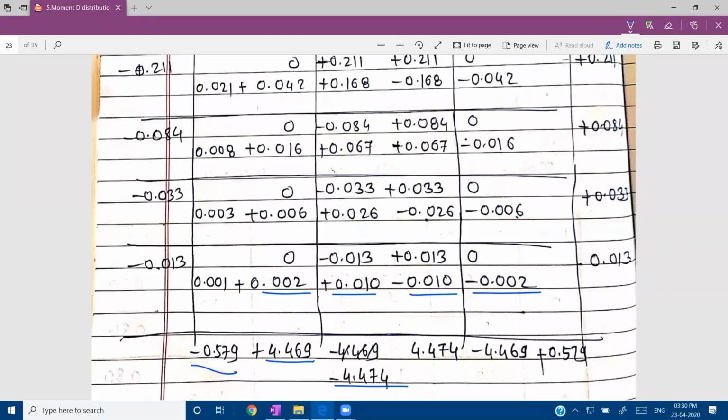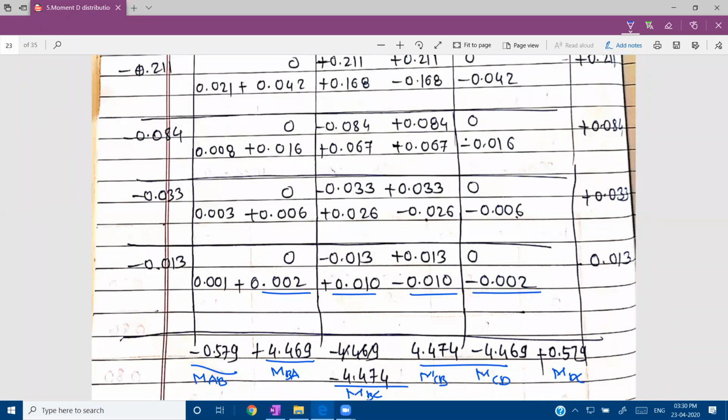For that you get the summation moment as 0.579 in negative. Similarly here also you get two values. So this will be MAB, this is MBA, this is MBC, this is MCB, this is MCD, and this is MDC.